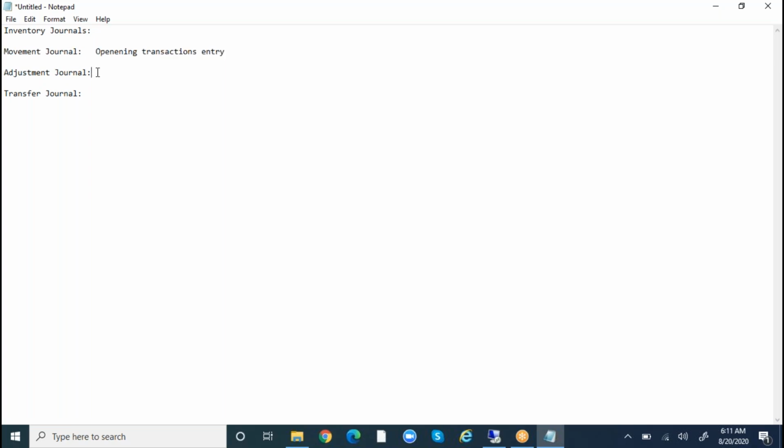Next, adjustment journal. Adjustment journal means, suppose you are doing something, but in between there is a damage. Suppose you are doing a business of mirrors. The mirrors are being carried from one place to another.